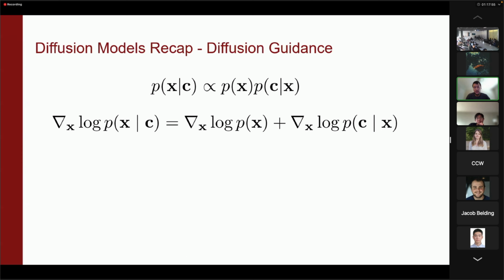There is a prior P of X, and then there is a CLIP model, where C is the caption and X is the image, and the CLIP model tells you how consistent the caption is with the image. Effectively, you're steering the generative process to produce images that are likely under the prior, and that are consistent with the caption, which is C in this case, provided by the user.